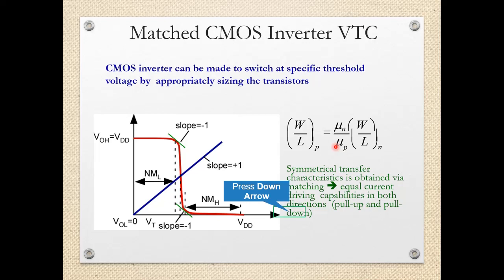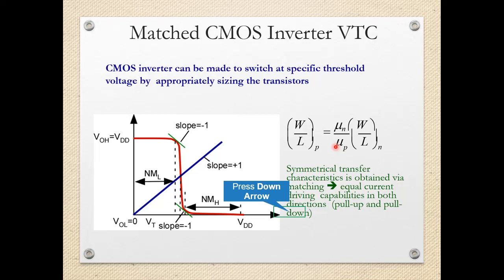In this matched voltage transfer characteristic, we can see the slope of the transition is equal to -1. So we get maximum noise margin for the low transition as well as the high transition.